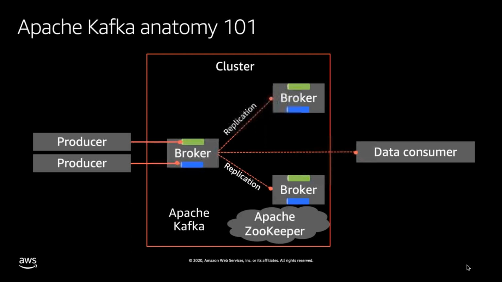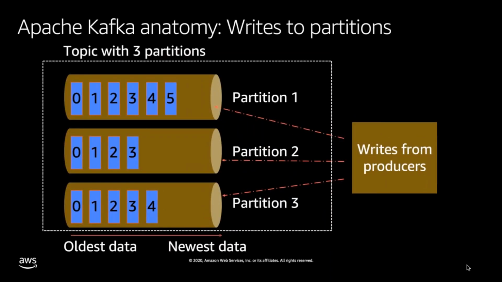Let's look a little deeper now into the producers and consumers. Starting with the producers, the first thing we notice is this notion of a topic. Here we have a topic with 3 partitions, shown like cylinders. Now, a topic is really an abstraction over unbounded data.